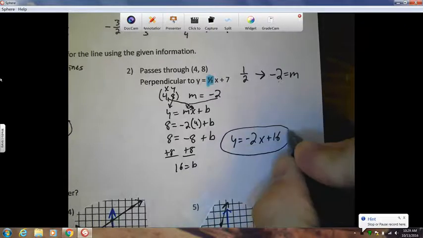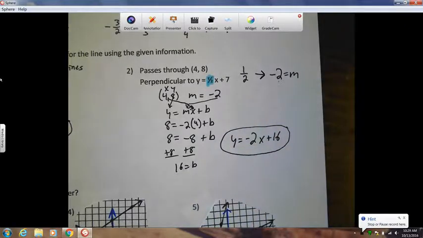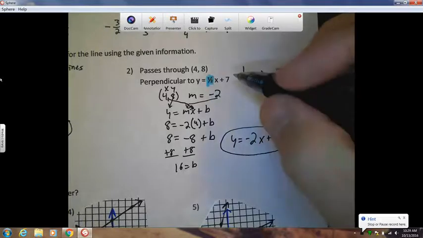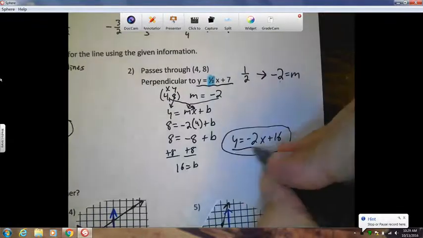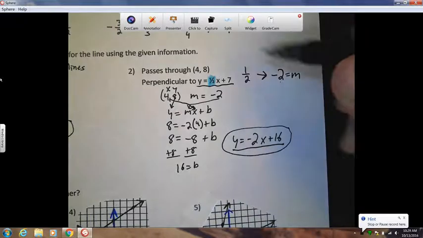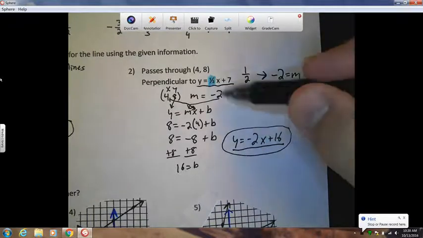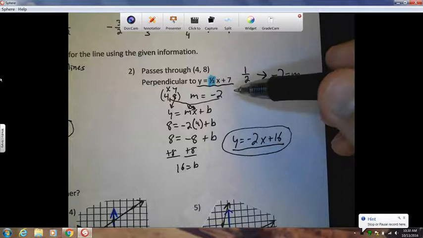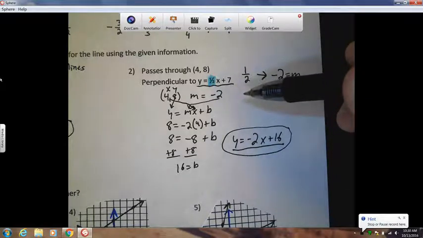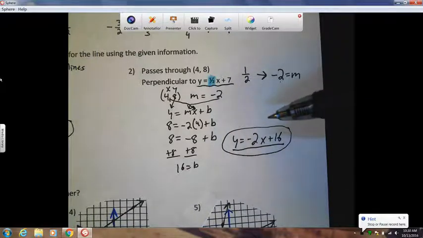And so there I have it. Notice these two lines, this line and the one that I found, are perpendicular because the slopes are opposite reciprocals. So you know by looking at them, just by looking at the slope. That's the key thing. Slope will tell you about the lines.